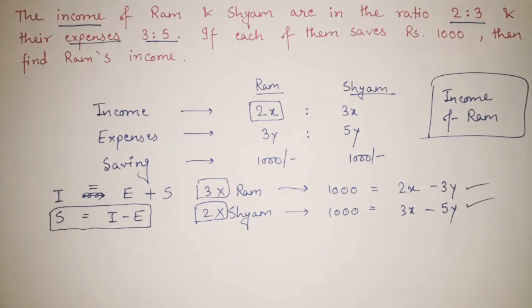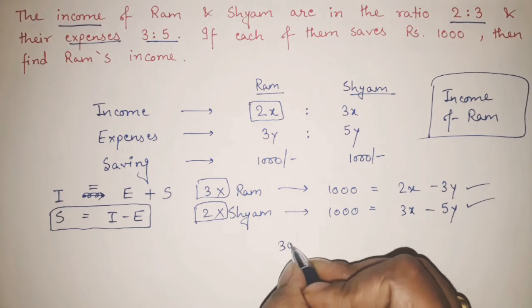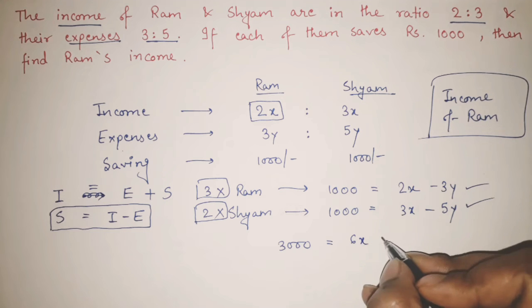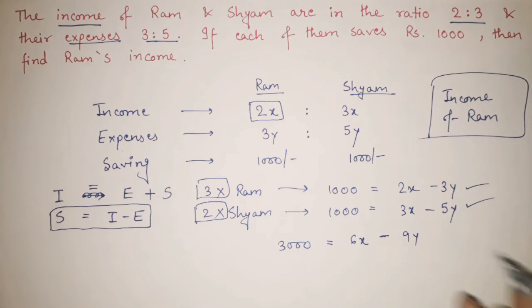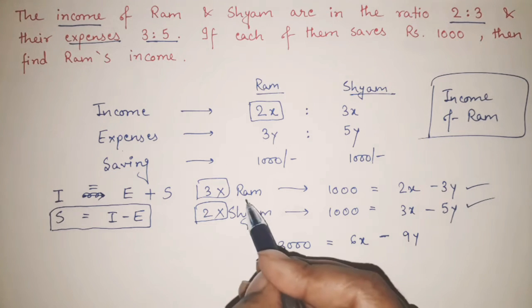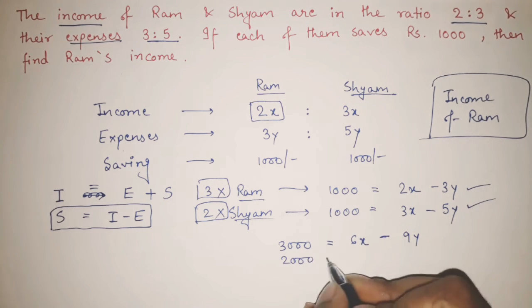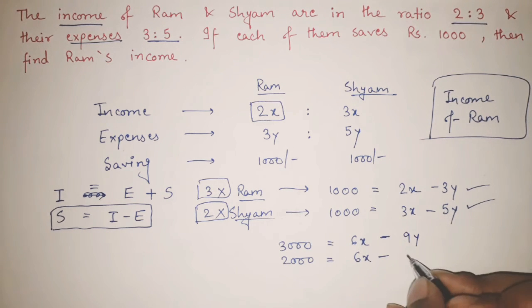So let's multiply Ram's equation with 3. So 3000 is equal to 3 into 2x, that is 6x, minus 3 into 3y, that is 9y. Okay, let's multiply Shyam's equation with 2. So 1000 into 2 is 2000 equal to 3x into 2 is 6x minus 5y into 2 is 10y.